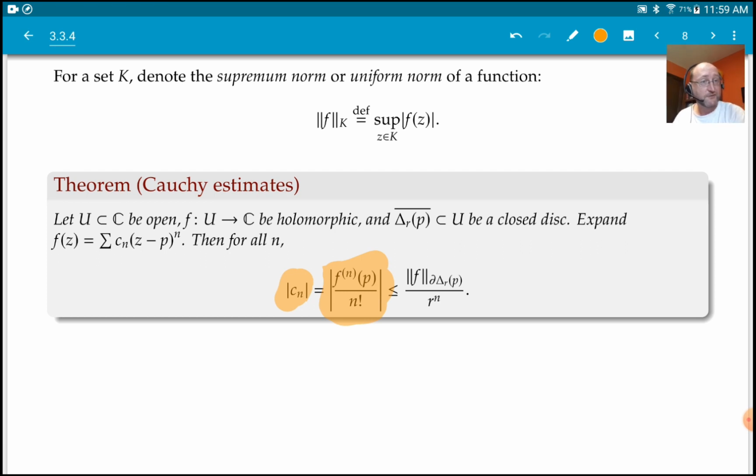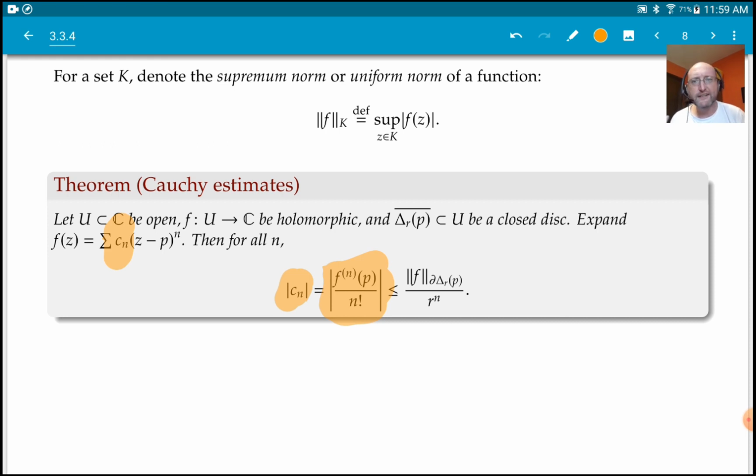We differentiate it, right? And then once you differentiate, you can evaluate, and you can see that the coefficients have this nice formula in terms of the derivatives of f, right?